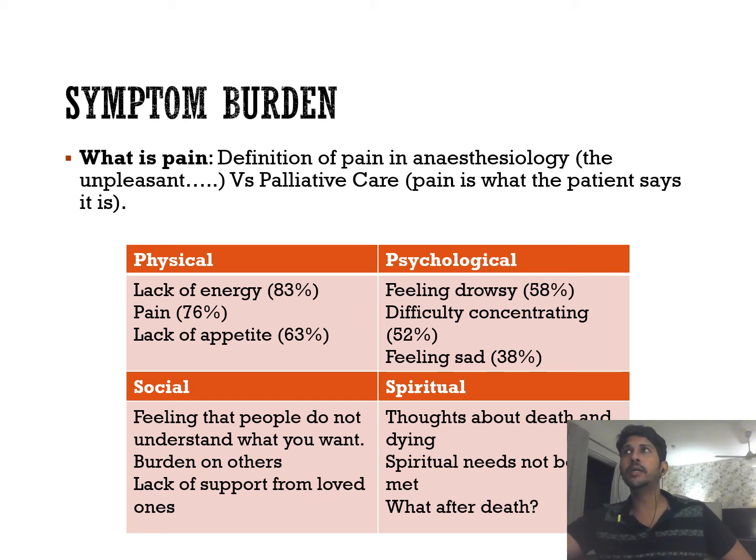So that is why we call them symptom burden. How do these symptoms burden the patients and even their families? For instance, the psychological, social, and spiritual forms of symptoms may not only burden the patients, but they will invariably affect the loved ones, the family members.